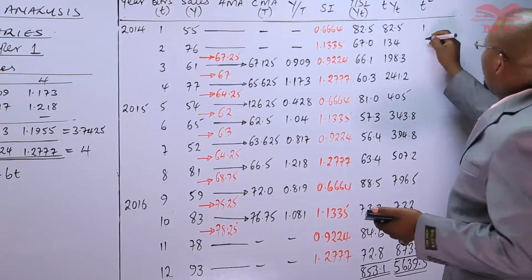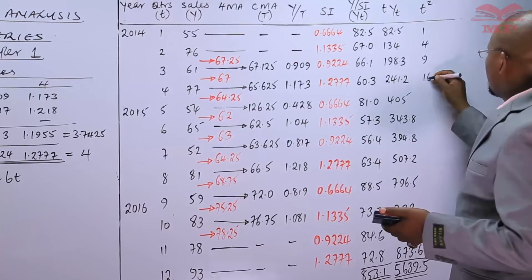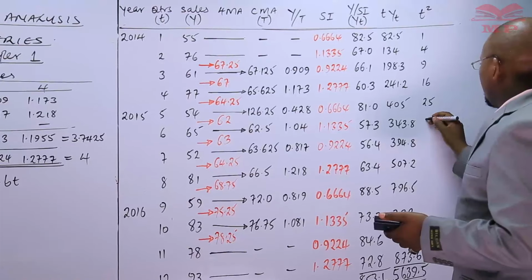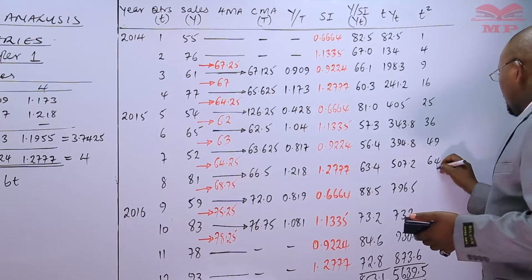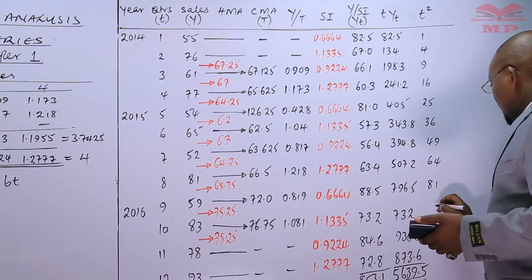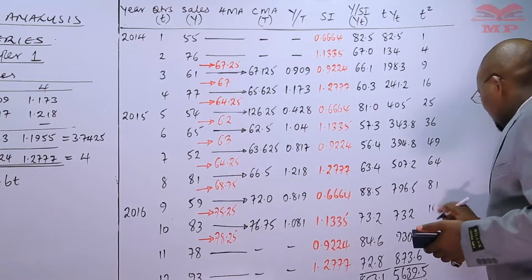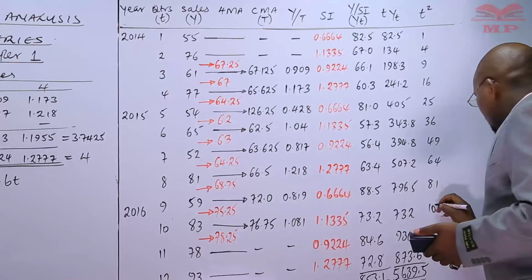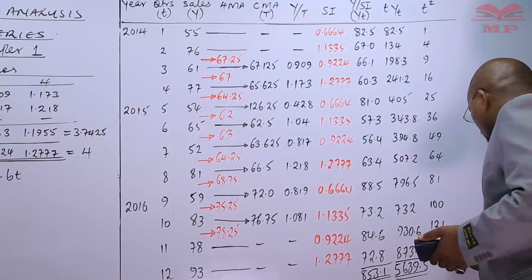Then t squared is just 1 up to 12 squared. So 1 squared is 1, 2 is 4, 3 is 9, 4 is 16, 5 is 25, 6 is 36, 7 is 49, 8 is 64, 9 is 81, 10 is 100, 11 is 121, and 12 is 144.